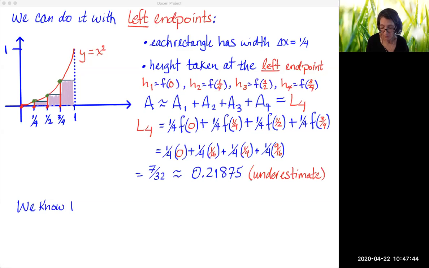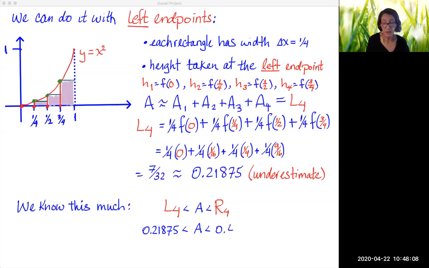So here's what we know so far. We know that the area that we're looking for, A, we're looking for the exact area, right? And so far we've got 2 approximations. We've got an overestimate and an underestimate. So L4 is the underestimate, R4 is the overestimate. So the number we're looking for is somewhere between 0.21875 and 0.46875.